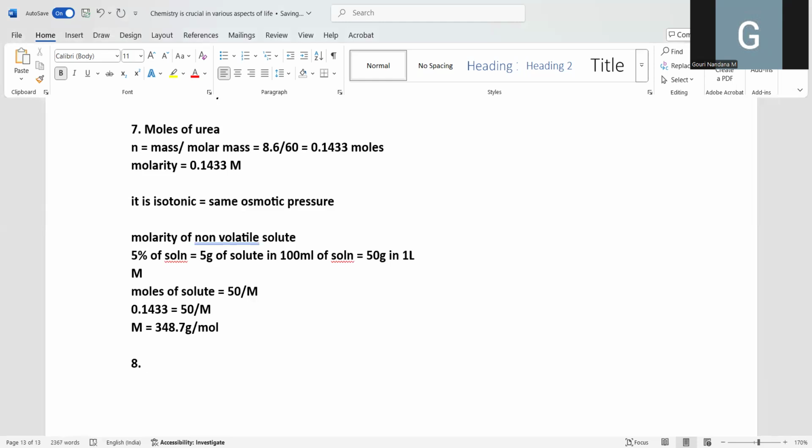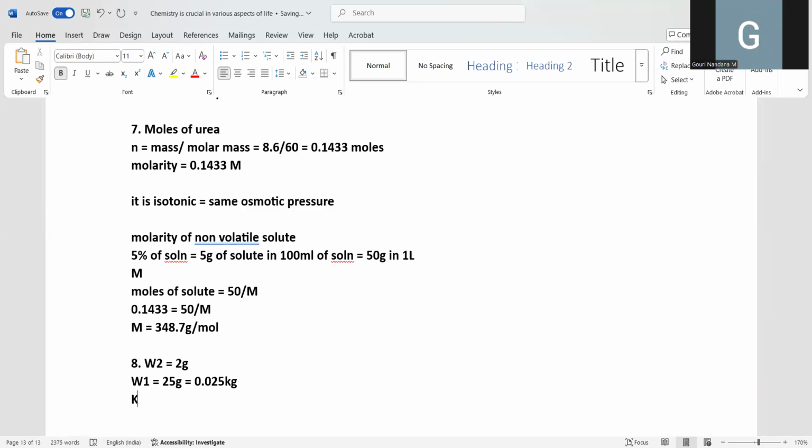Okay, so first we need to calculate the molar mass. So we'll use the formula. Before that, we'll write down what all things are given. W2 is given 2 gram. W1 is given 25 gram, which is equal to 0.025 kilogram.